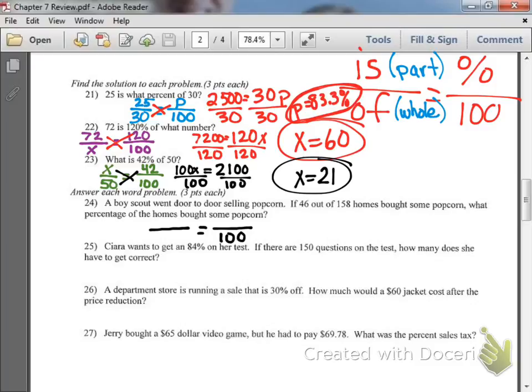If 46 out of 158 homes bought some popcorn, what percent of the homes bought some popcorn? So, what's the part? The 46. Good. What's the whole number of houses? 158. And then I don't know the percent. That's what I'm trying to find.